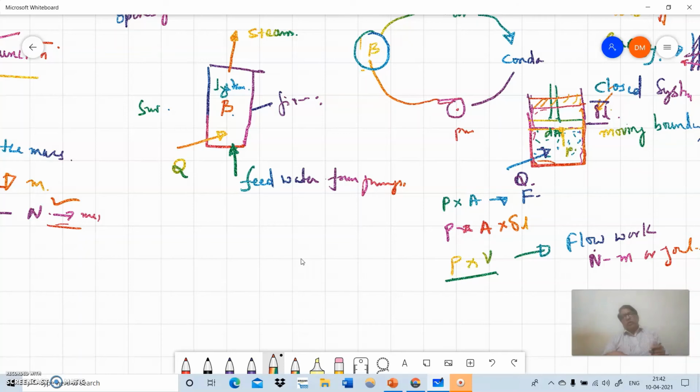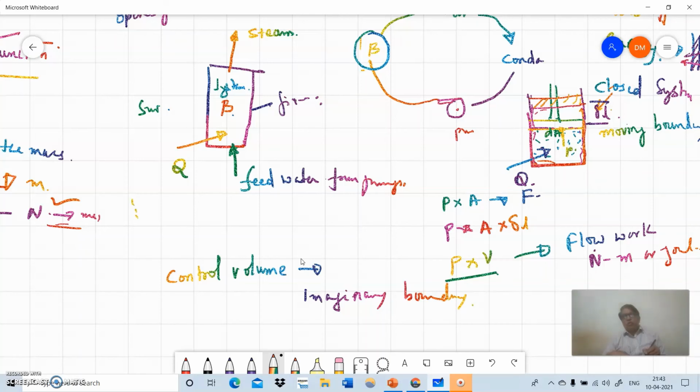And now about the control volume. Control volume is just an imaginary boundary, as we draw the imaginary boundary.